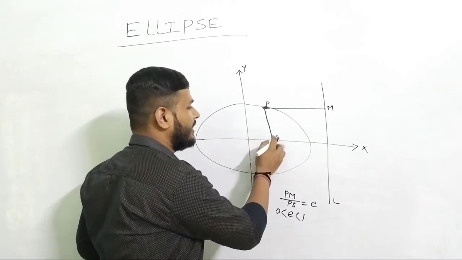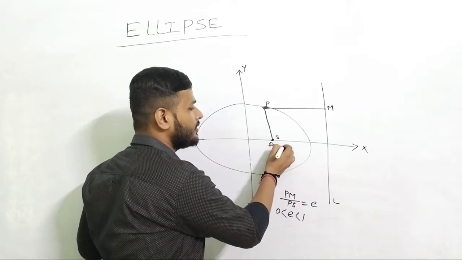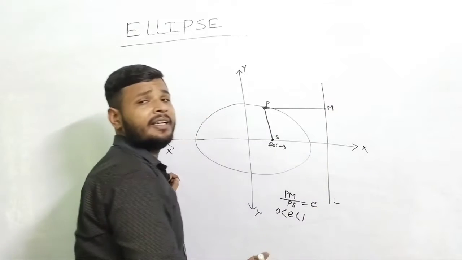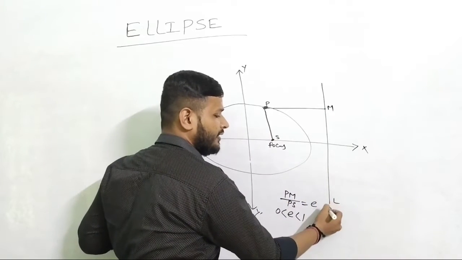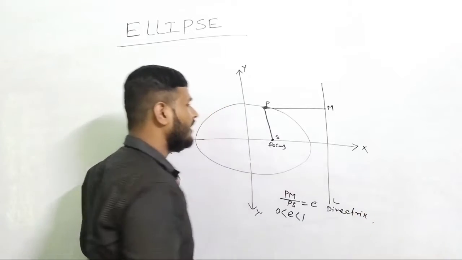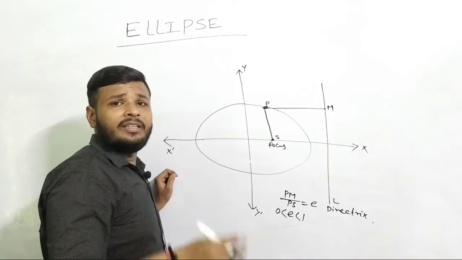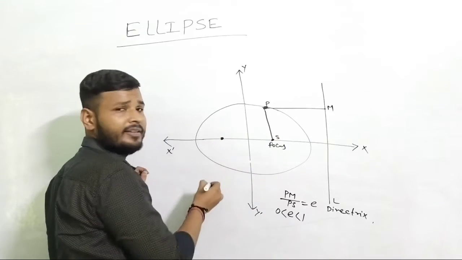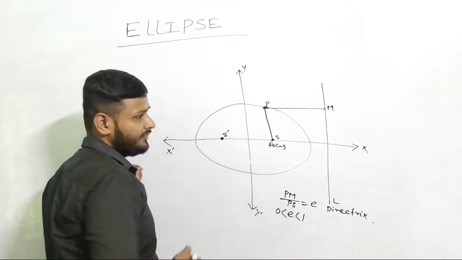This fixed point S is known as the focus, and this fixed straight line is known as the directrix. In case of an ellipse, there are two foci, S and S dash.